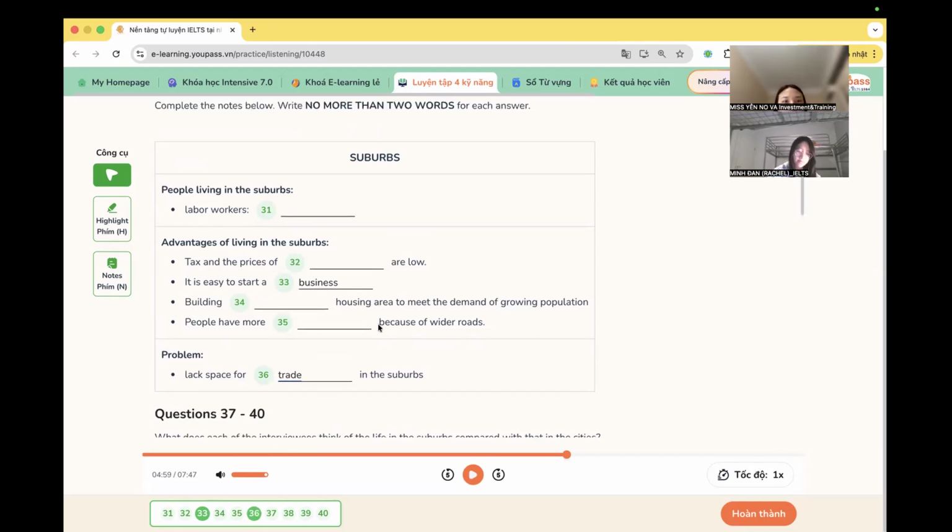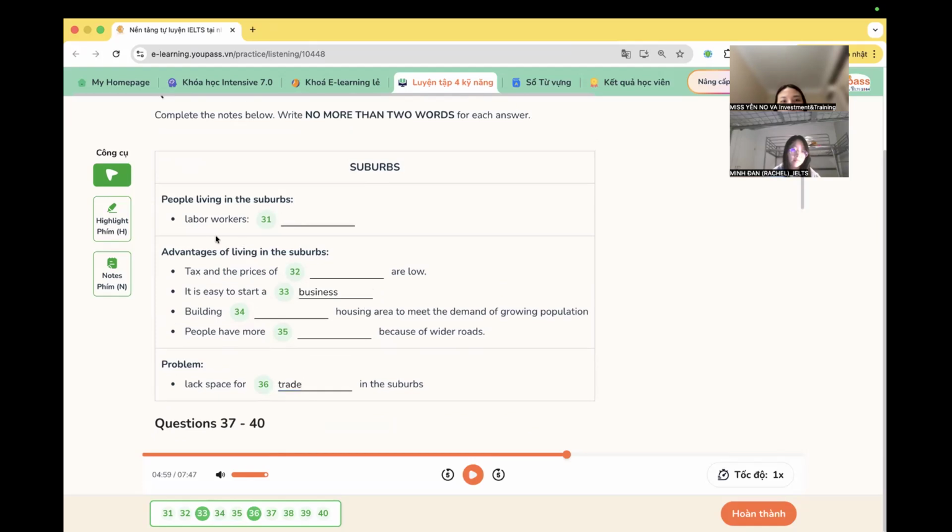Next paper, trade, but we can go back to 31 because carpenter represents labor workers. She mentioned labor workers and then she gave some examples. And then she mentioned another type of people who live there with three other examples. So I will go back to that part first here. Commuting distance of a city. Some small towns near a big city were absorbed by the city and became its suburbs.